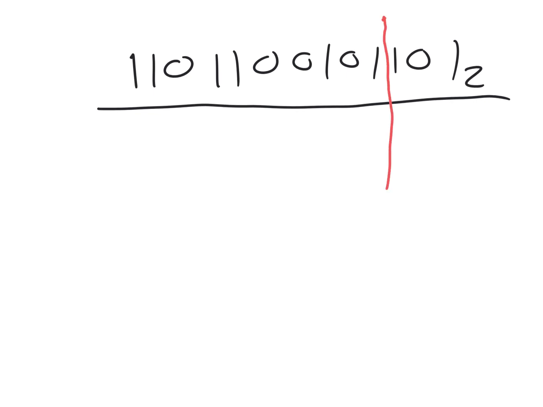So 1, 2, 3. 1, 2, 3. 1, 2, 3. 1, 2, 3, 4. So whether you're dealing with hexadecimal or octal, hexadecimal needs exactly 4 bits of binary, no more, no less. Octal needs exactly 3 bits of binary, no more, no less.